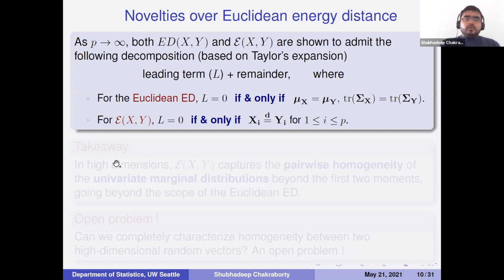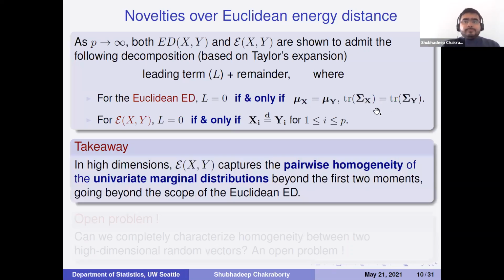And for our generalized energy distance, the leading term is 0 if and only if the univariate marginals of X and Y are identically distributed. What does that mean? If the univariate marginals of X and Y are identically distributed, then for sure the mean vectors are the same and the traces of the covariance matrices are the same.